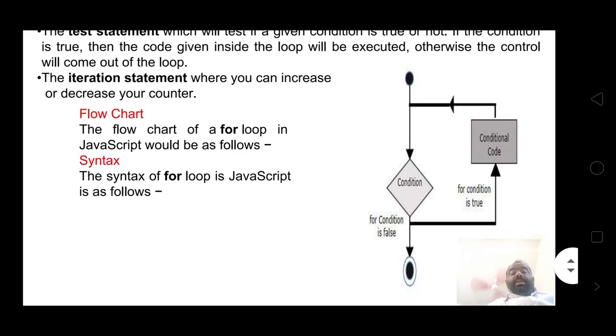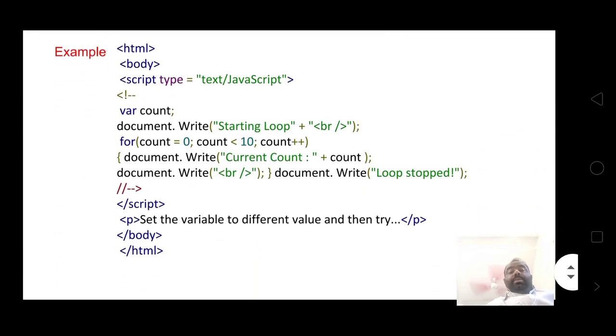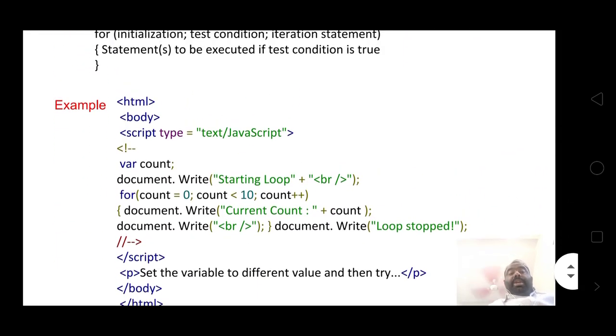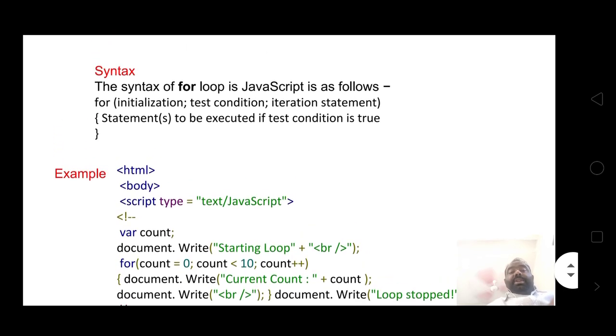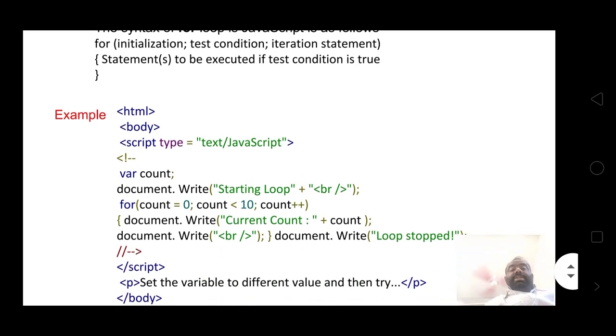Here you may take an example. The syntax for the for loop is: for initialization, test condition, iteration statements, and then statements executed for the test condition.